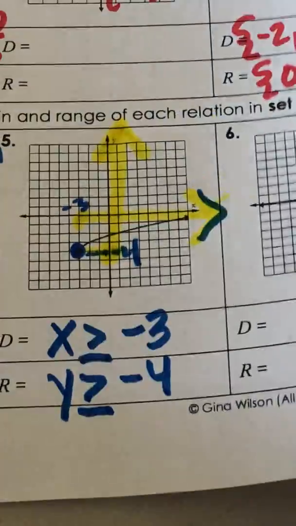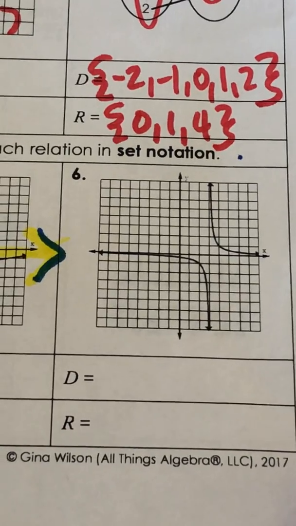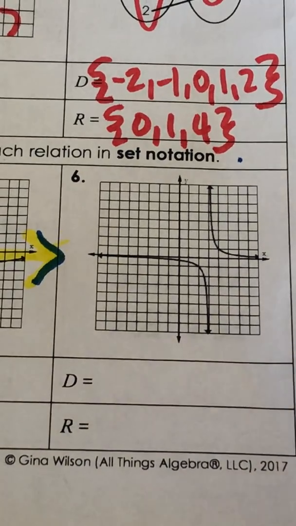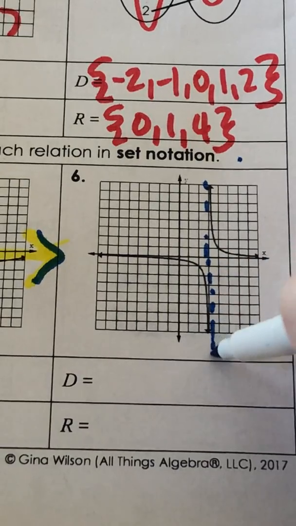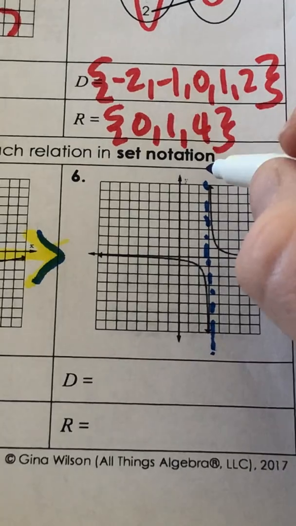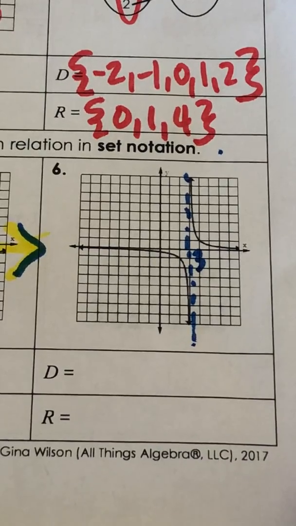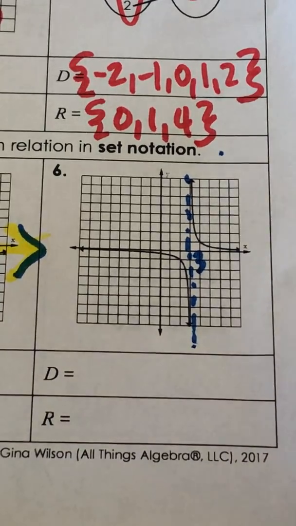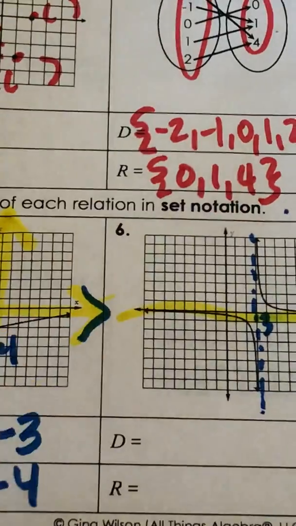Okay, number 6. Domain and range here. So domain, you can see clearly there's what we call an asymptote right here. So it's not going to exist at that point, which is 3 on x, okay? However, think about it. Does the graph exist anywhere else, where we're talking about left to right for domain?